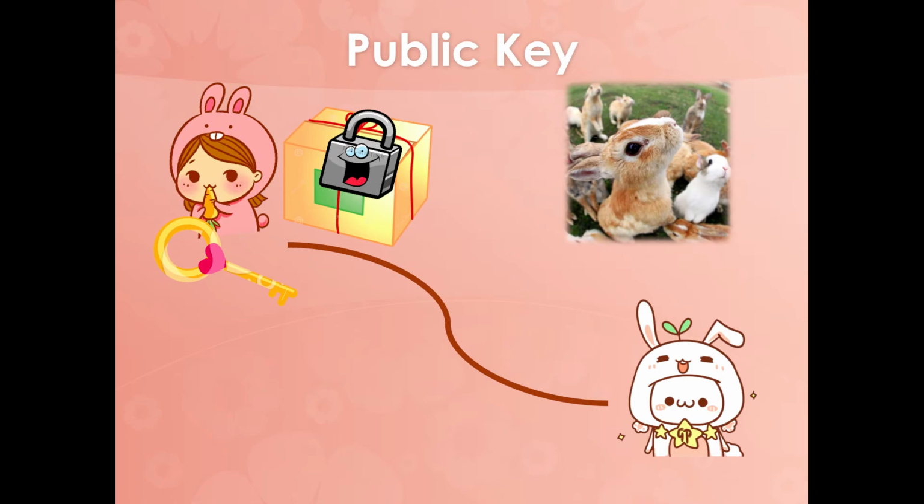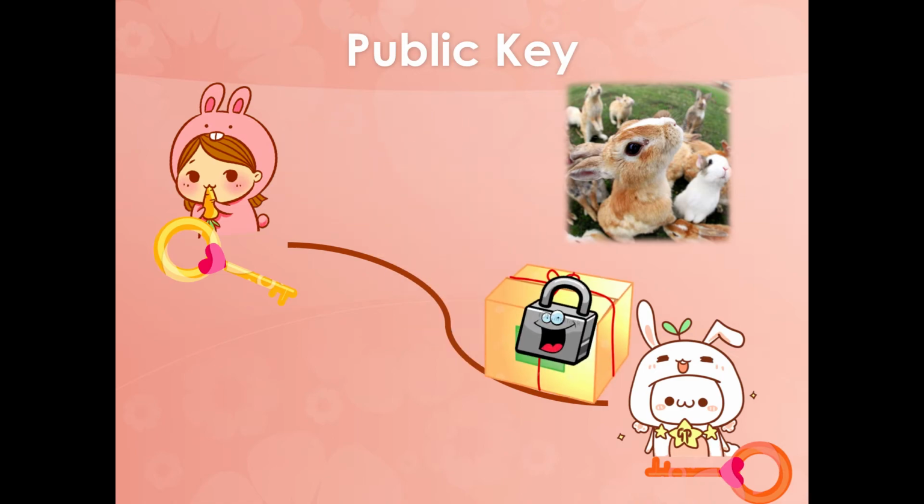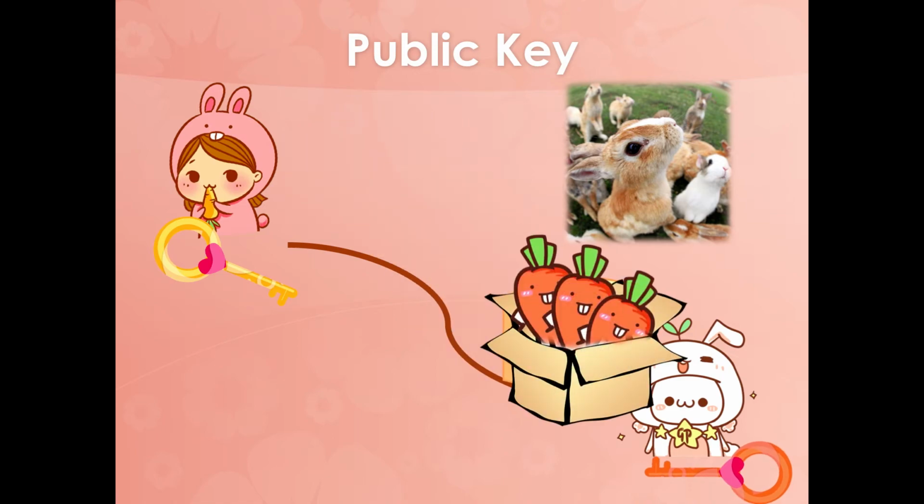When Rebecca locked the carrots with the public key and sent it to Julia, Julia can open the package with her private key. Therefore, even if other rabbits got the public key, they still cannot open the package because it also needs the private key to open the package.